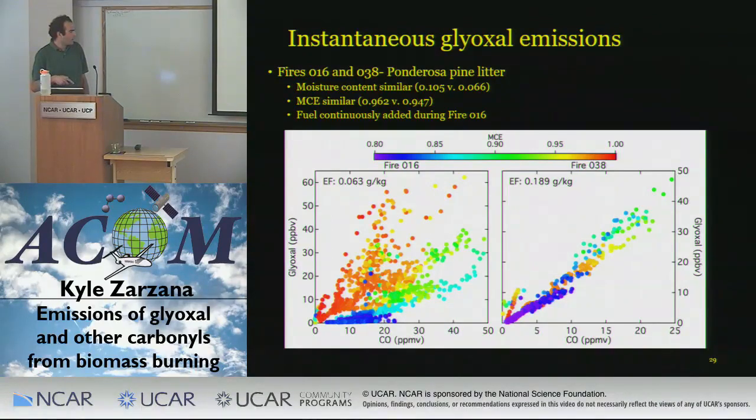And every time we added fuel, we got this different slope in the glyoxal versus CO. In this fire, we only added fuel once, and we got one slope, and we ended up with two very different emission factors. So while there are some things like MCE and moisture content that can affect how much glyoxal comes out, there's a lot of other things that can control those emissions.